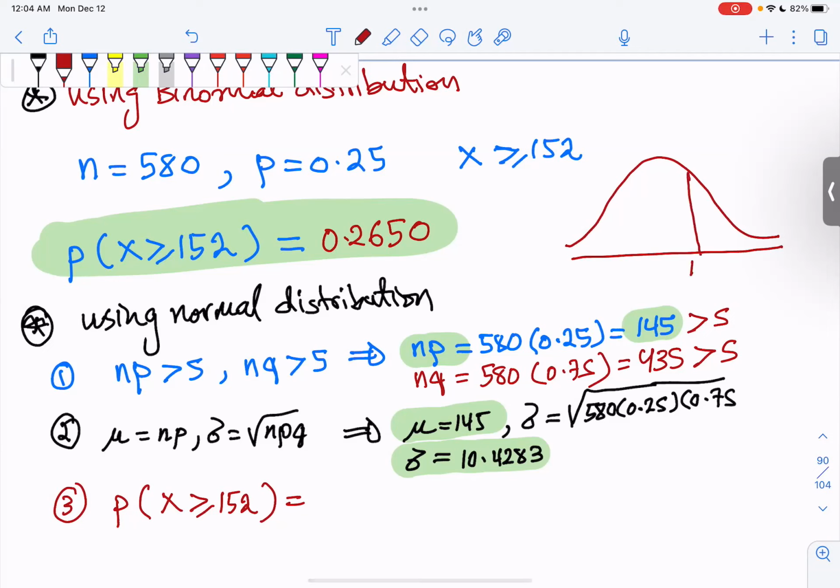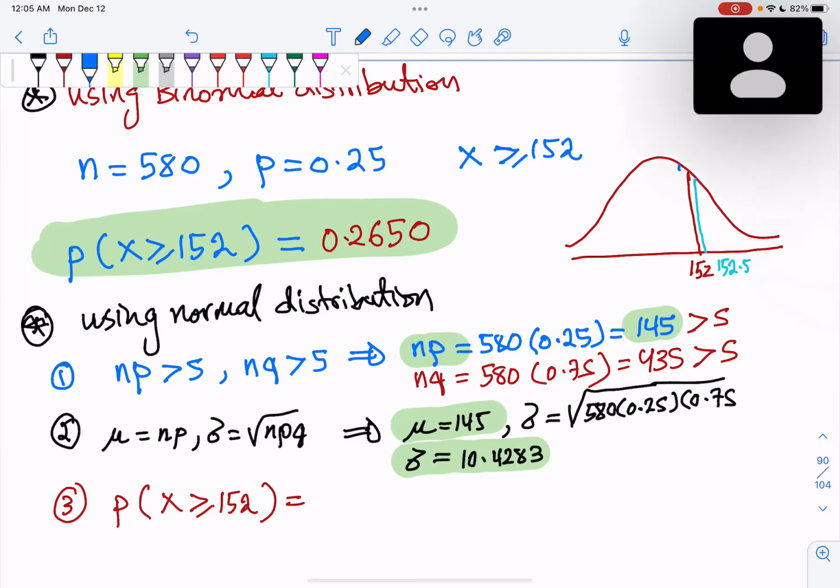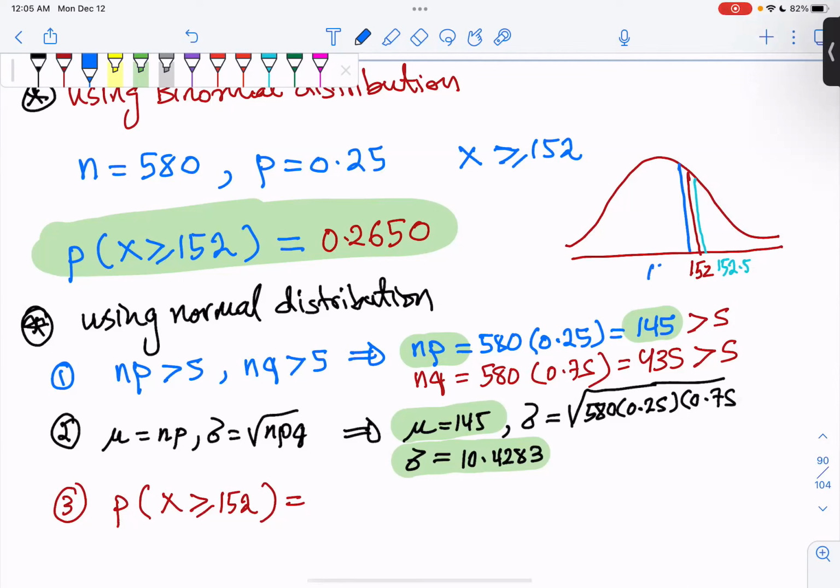So this is the value, 152, and then we find the real limit. The real limit will be here, 152.5, or 151.5.